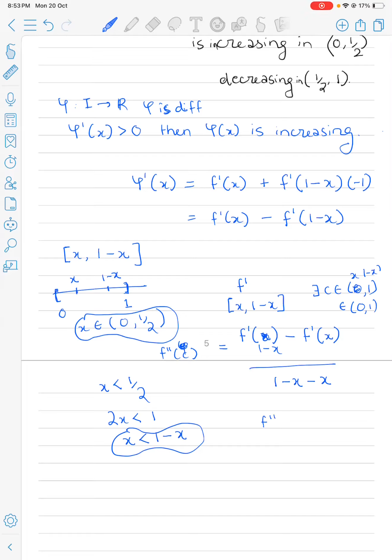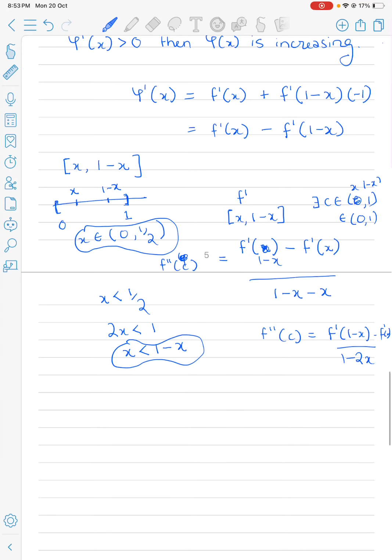So f dash c is equal to (f dash 1 minus x minus f dash x) by (1 minus 2x). See that from here, if you take x this side, you will get 0 is less than 1 minus 2x.